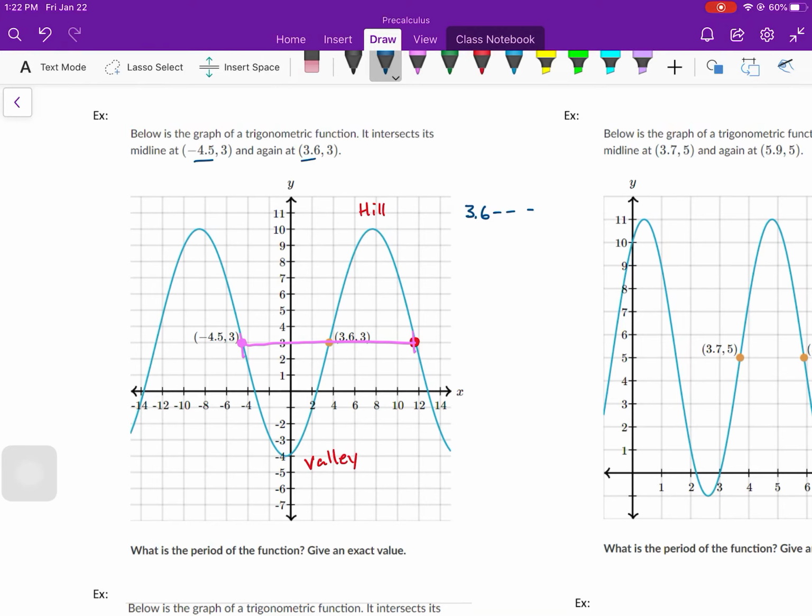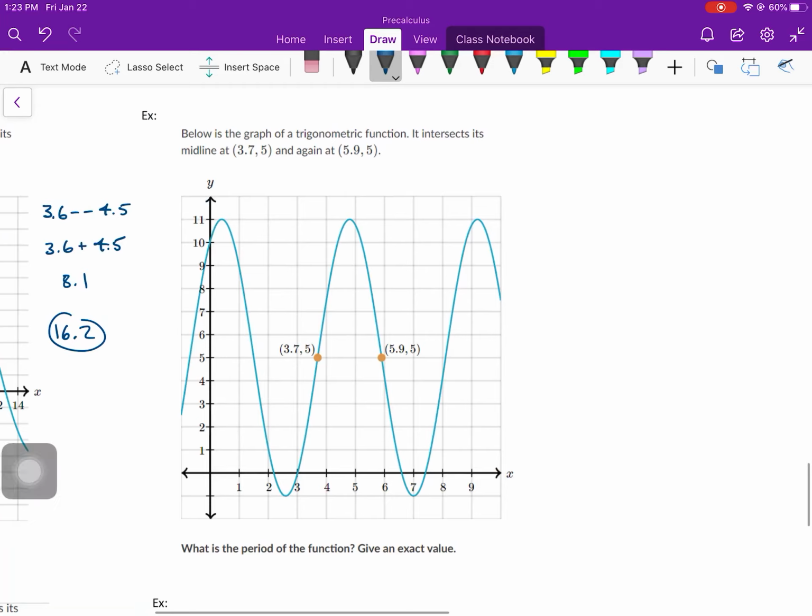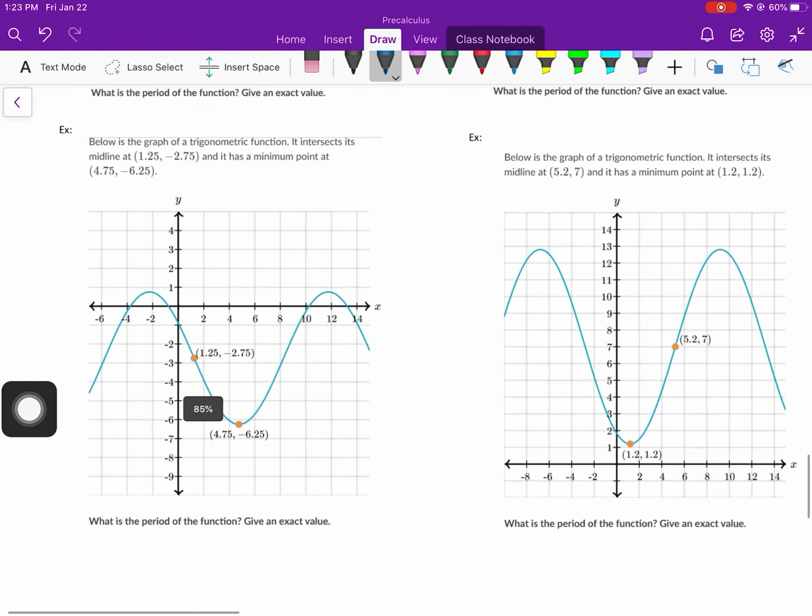So 3.6 minus negative 4.5 is 3.6 plus 4.5, which is 8.1. So 8.1 is our halfway. Double that, and 16.2 will be the period. Here you can see that we go through the hill and then the valley and end right here. So just pay attention to those little details.